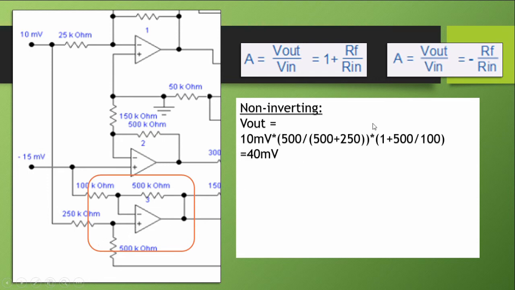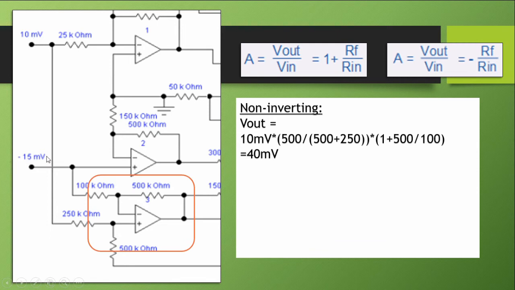That voltage multiplied by the gain for the non-inverting, which is 1 plus 500 over 100, gives 40 millivolts. This is the output voltage due to the input 10 millivolts.